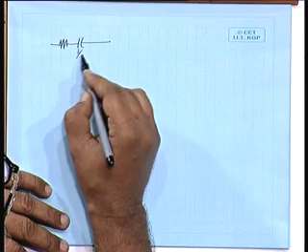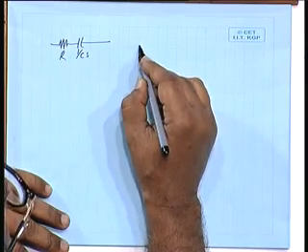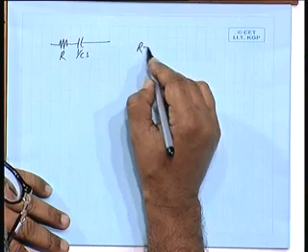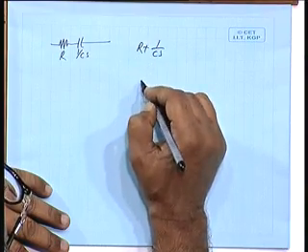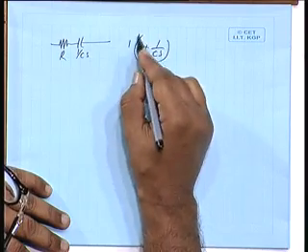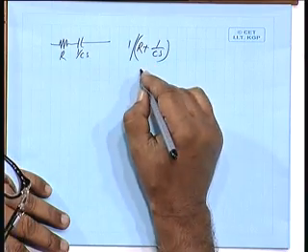There is something very interesting here. If you try to realize Foster 2, what is the form of Y(S) function for RC series elements? What is the admittance of this? R plus 1 by CS is the impedance. So, 1 by this, is it not?